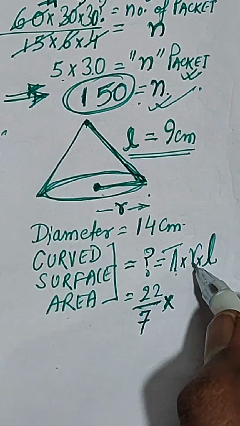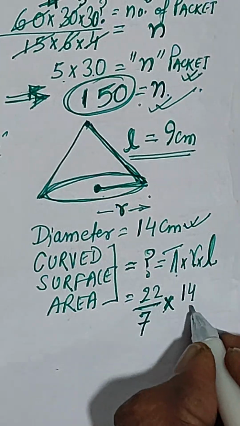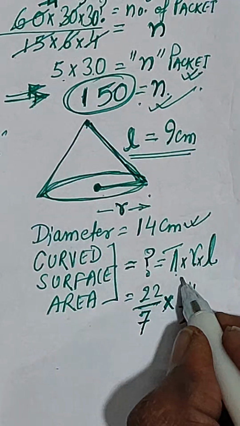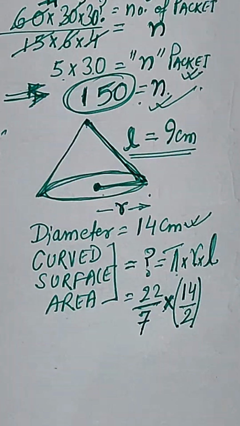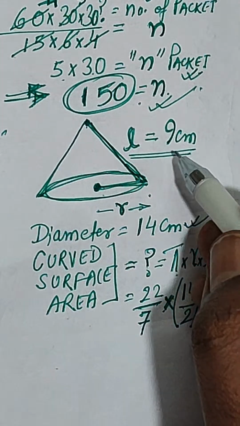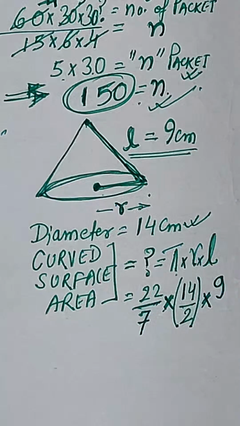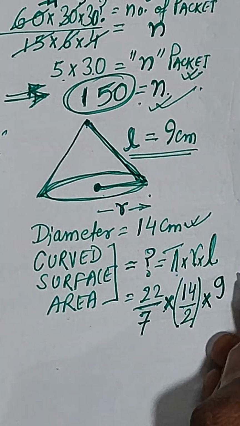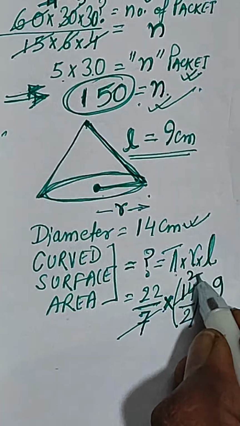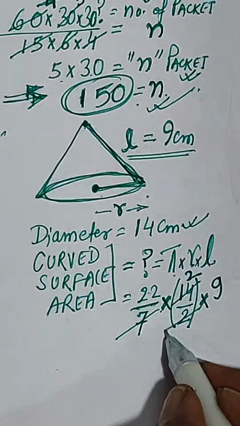Multiplied by r. If the diameter is given as 14, then r will be 14 by 2, right? Multiplied with the slant height, which is already given in the question, that is 9. Just solve it. 7 will divide this 14 two times. 2 will divide this 22 eleven times.